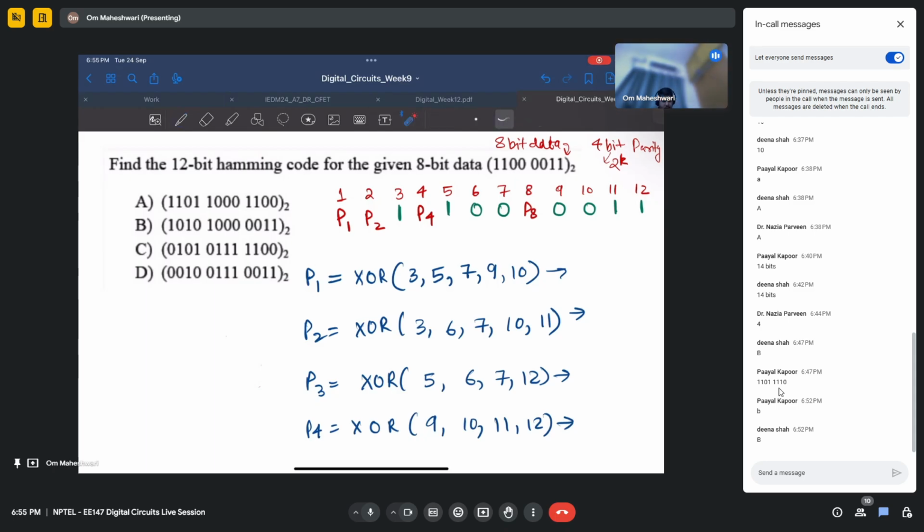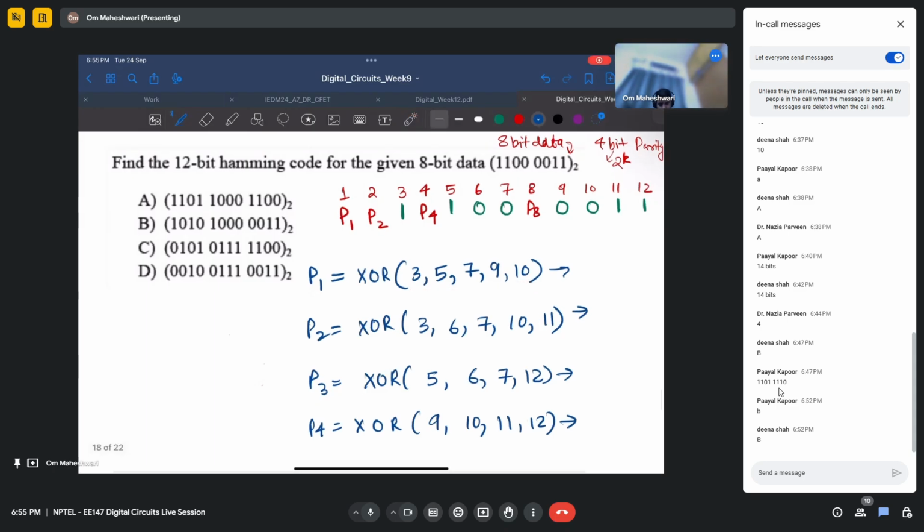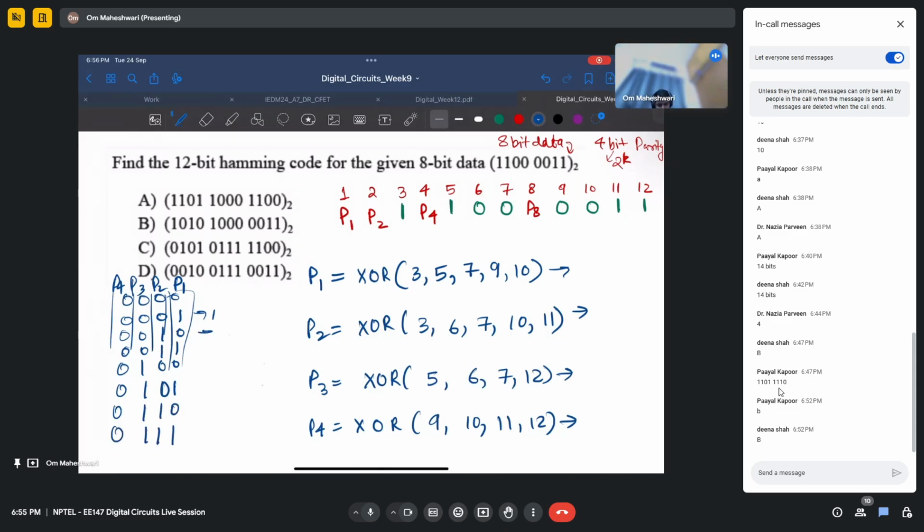Now, how do these numbers come about? It is like, let's say you have a 4-digit binary number, say 0000 or 0001. So P1 takes care of this, then P2, P3, P4. So I write until 7: 1, 2, 3, 4, 5, 6, 7.